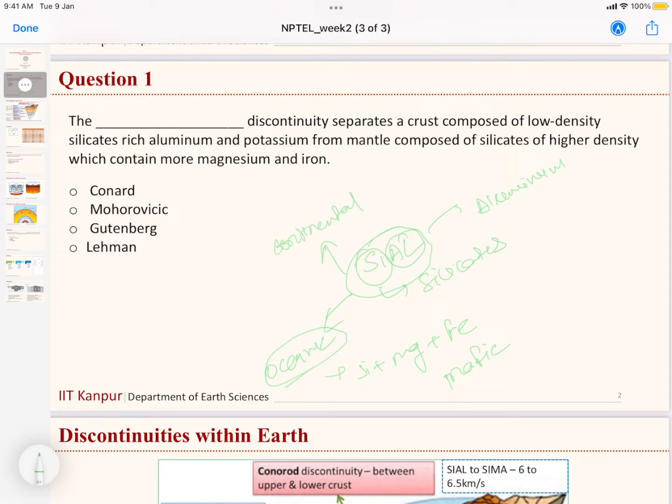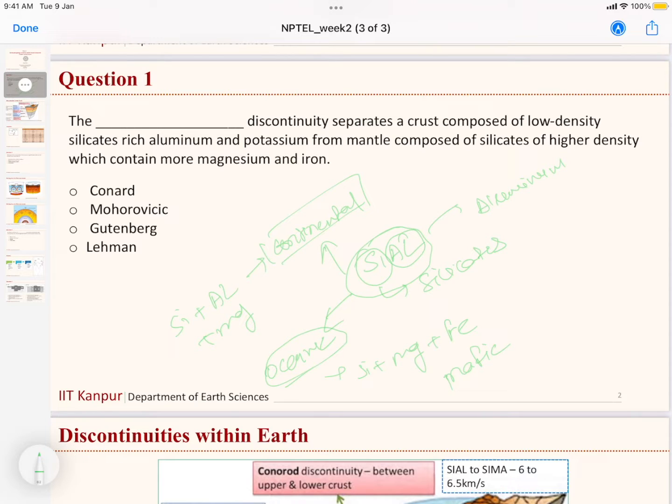On the contrary, the continental crust has a lesser density as compared to oceanic, because here the material composition is mainly of lighter elements, that is silica plus aluminium plus magnesium. So that's why we generally face the density contrast between oceanic and continental crust.